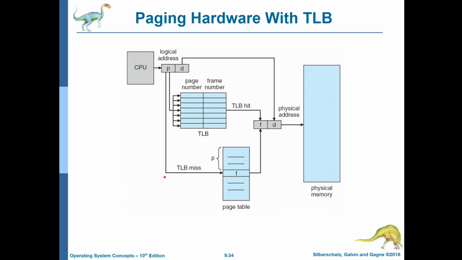If there's a TLB miss, the page table is accessed, the page number is looked up, and the frame for that page number is added to the physical address. Also, this frame is copied into the TLB, potentially replacing some other entry. Once the physical address is fully formed, memory access may proceed.